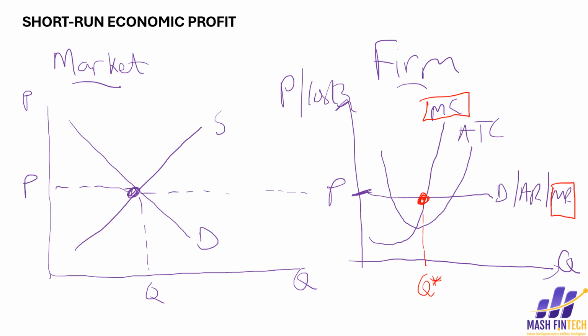And if you touch the minimum point of the average total cost curve here, this area becomes the short run economic profit for a firm in a perfectly competitive market.